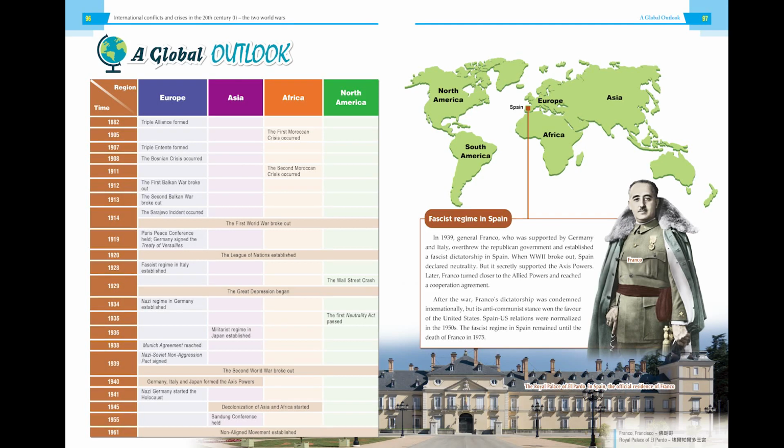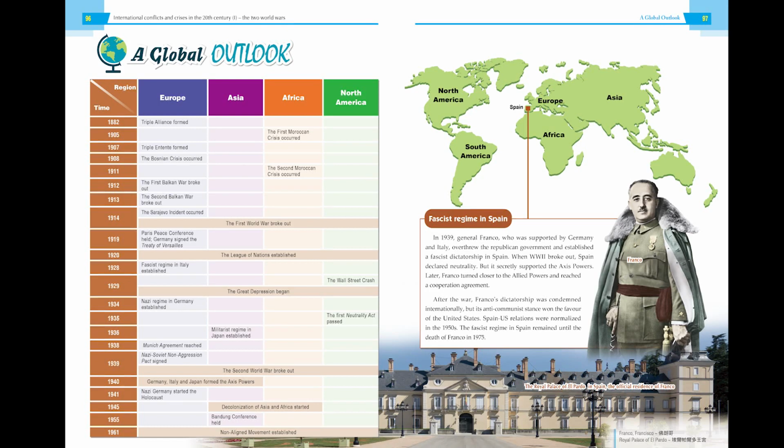1919. Paris Peace Conference held. Germany signed the Treaty of Versailles. 1920. The League of Nations established. 1928. Fascist regime in Italy established. 1929. The Wall Street crash. The Great Depression began. 1934.